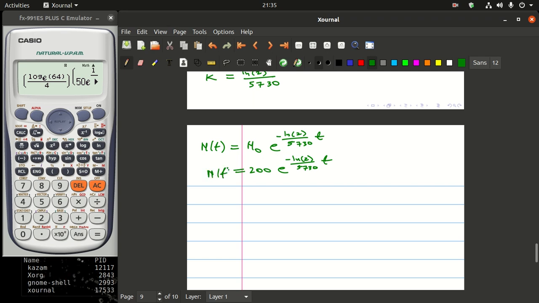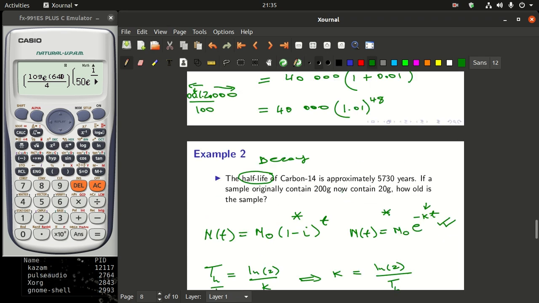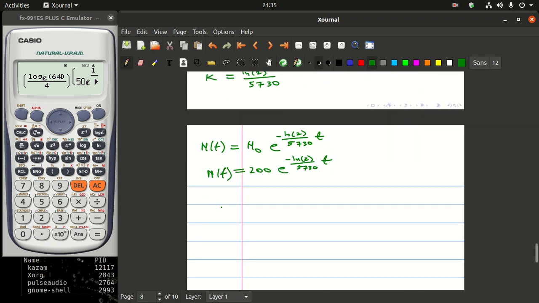We have N of t, originally N naught. Now it contains this. How old is the sample? So what they are saying here is, if N of t is equal to 20, what is t? So this is the t that we're looking for. I'm going to take this and place it there.